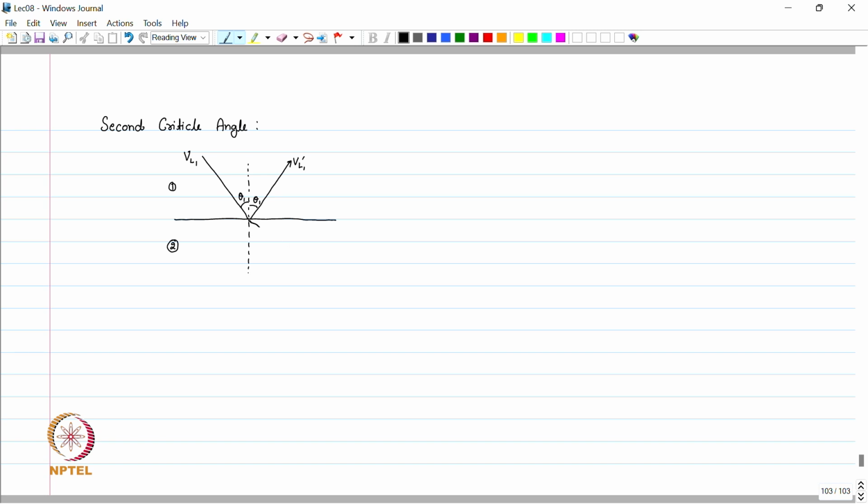This angle will be theta 2, and the velocity in this medium will be VL2, the velocity of the longitudinal wave in material 2, and we can write Snell's law.